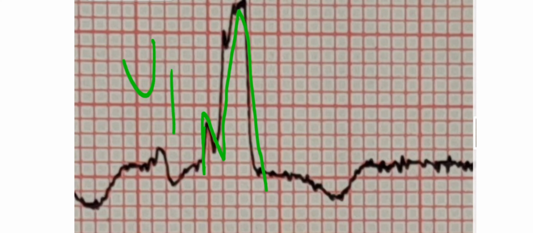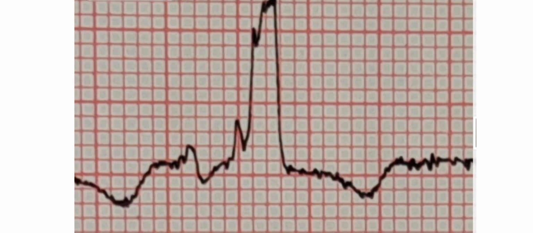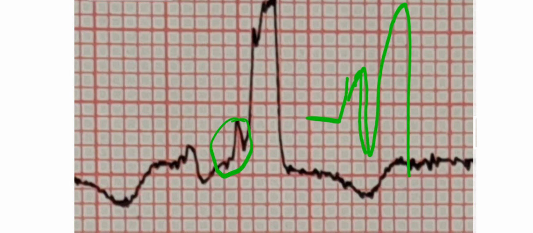V1 should have an M shape, V6 should have a W shape for you to suspect or to diagnose a right bundle branch block. What I want you guys to notice here is that from the isoelectric line, the first deflection, when it's an M, is up. That's the first deflection. It's upwards.